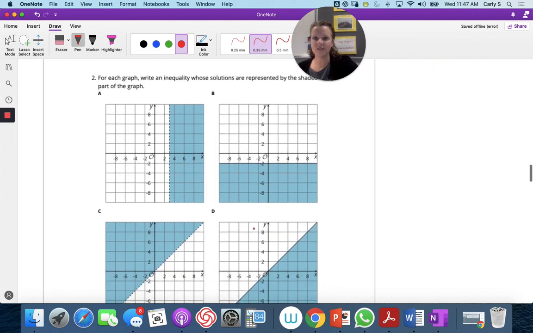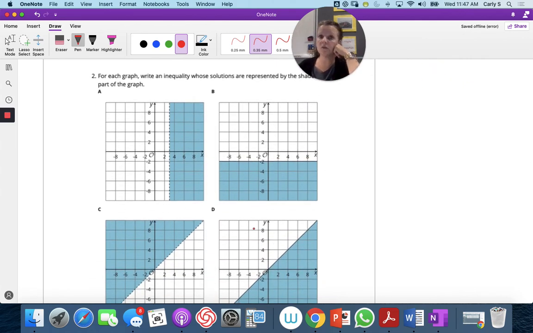All right, so for each graph, write an inequality whose solutions are represented. This right here is a line on my x-axis. x equals, it looks like 3. This is a line, x equals 3. Now that's an equality with one variable.